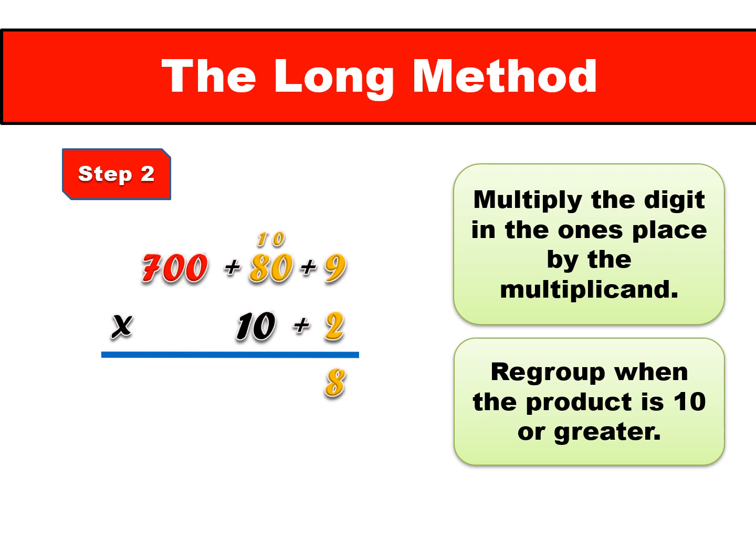Plus 10 is 170. Bring down 70. Regroup 100 in the hundreds place. 2 multiplied by 700 is 1,400. Plus 100 is 1,500. Write 1,500 in expanded form.